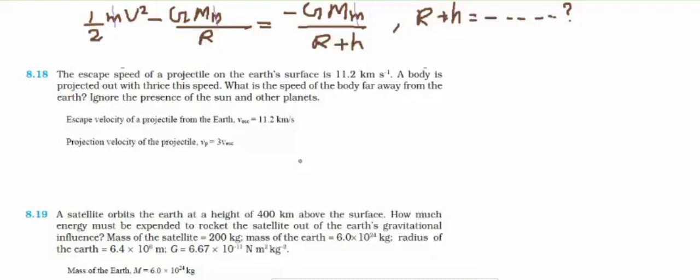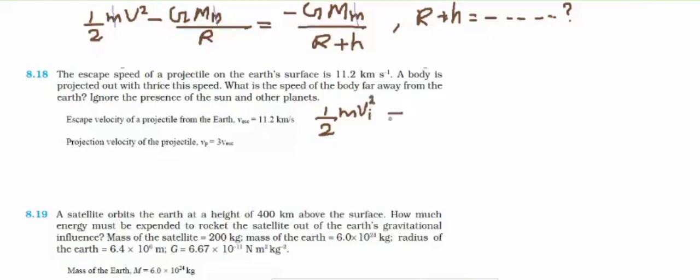So here, the body is projected with a velocity Vi, we can take. So its initial energy is equal to half m vi square, the initial kinetic energy.